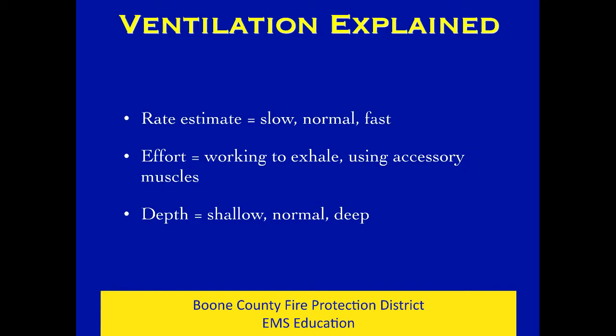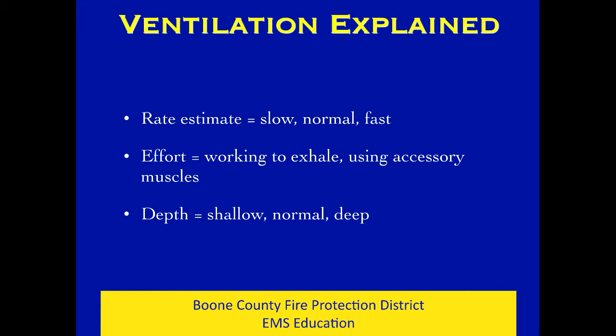And then we're also looking for the use of accessory muscles. And while this may be obvious to you in the very short of breath patient, we want you to intentionally look at it in all patients. All patients should be using their diaphragm, but they should not normally be using their neck muscles, their intercostals between their ribs, or their belly muscles, those accessory muscles.